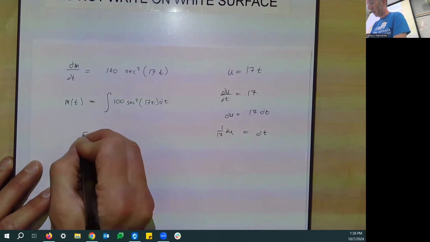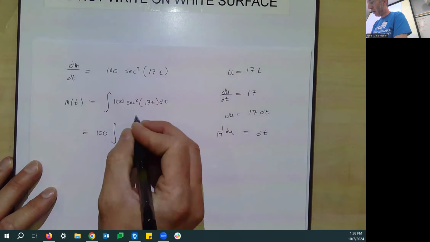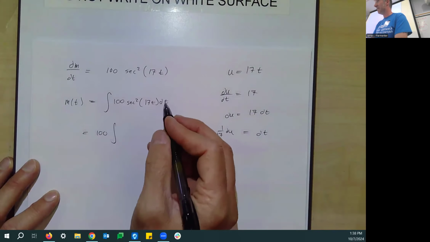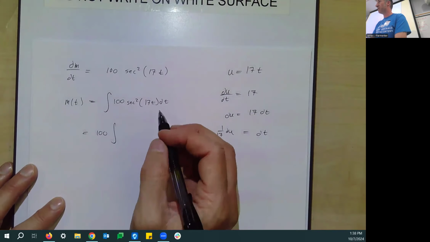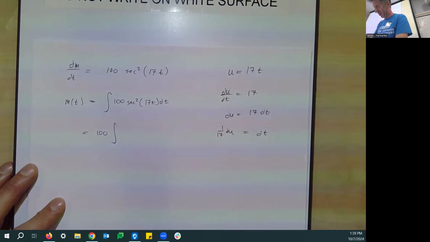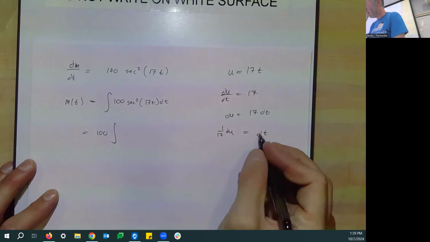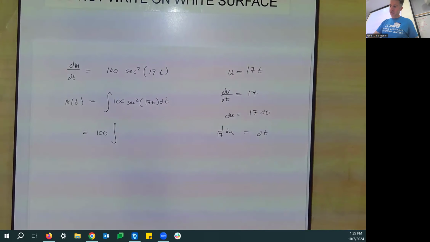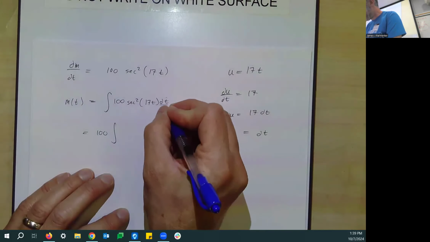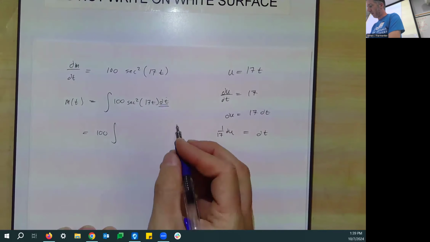But rewriting it, I'm going to put the 100 out in front. I'm going to change the dt first, right? Always, always deal with the differential before anything else when you do a u substitution. I can't say it enough or emphatically enough. This gets dealt with first. This is the most important part of your antiderivative integral.